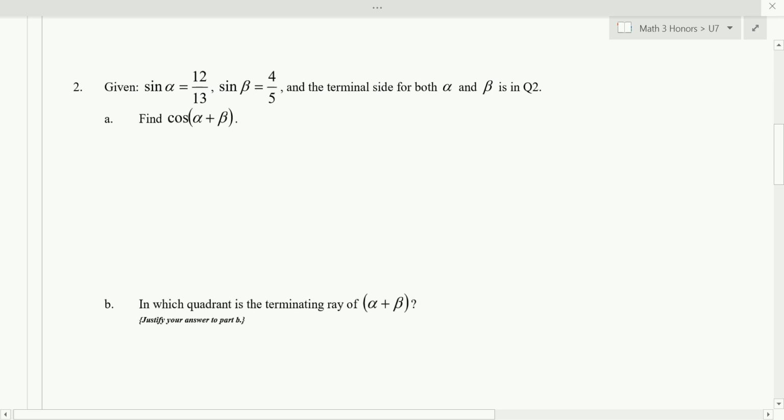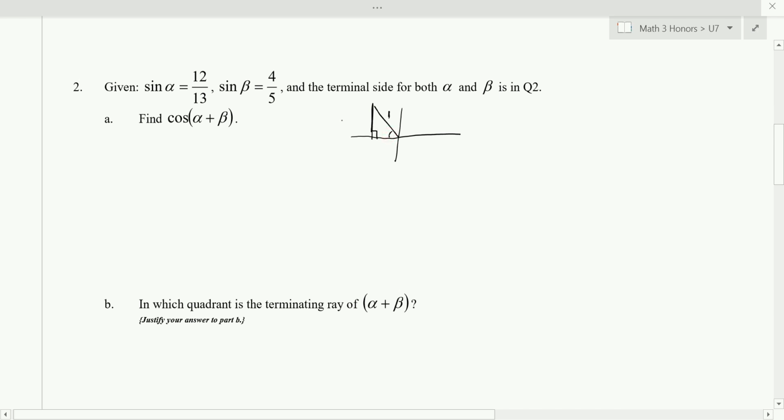So cosine alpha plus beta. We're given the sine of alpha and the sine of beta, and we're told that alpha and beta are in quadrant 2. And so I'm going to start by drawing a picture for alpha. So alpha's in quadrant 2. Draw a right triangle in quadrant 2. And remember that if your hypotenuse is 1, then the side opposite your reference angle is the sine.